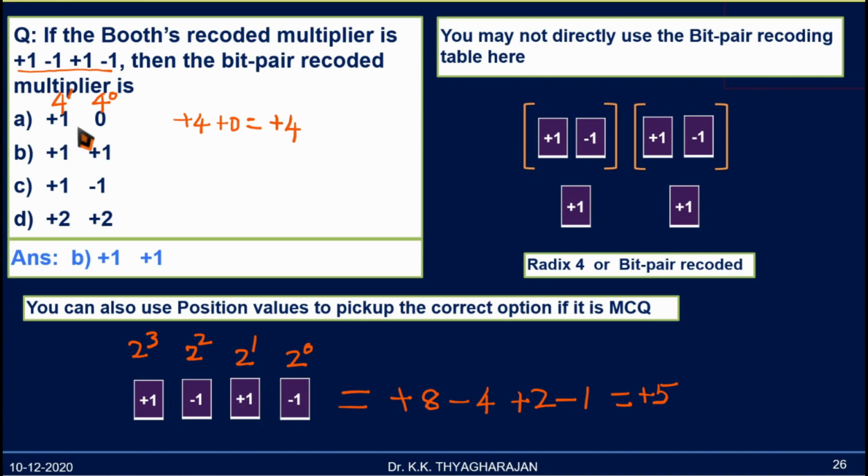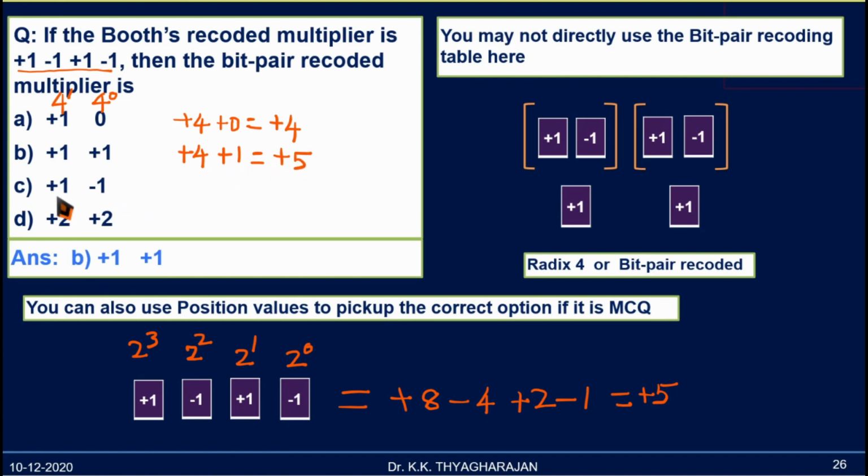So option A represents plus 4. Now you take option B. This is 1 into 4, that is plus 4, plus 1 into 1. 4 power 0 is 1. So plus 1 is equal to plus 5.